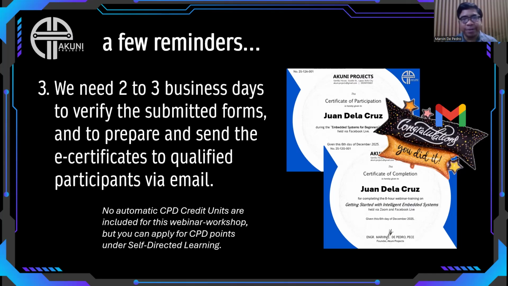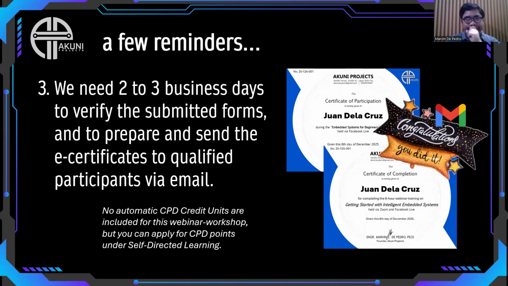Of course, the sooner you submit the evaluation form, the sooner you might get the certificate for it. Okay, why might get? Because there's a chance that you have submitted an invalid evaluation form probably due to some missing information or due to some wrong attachments.